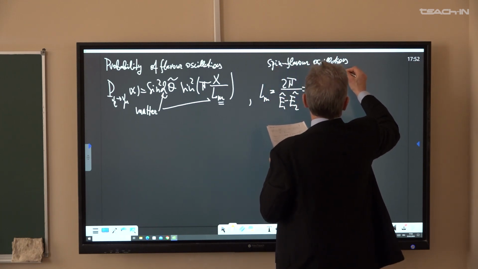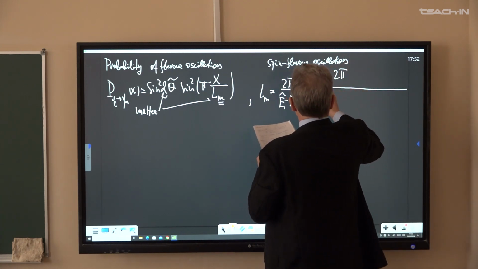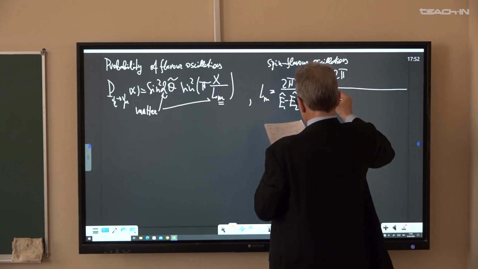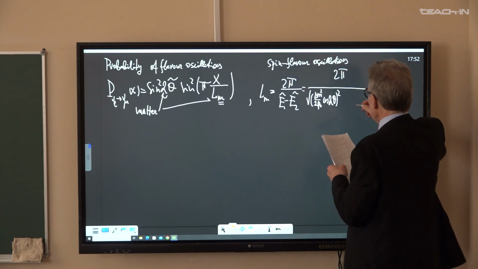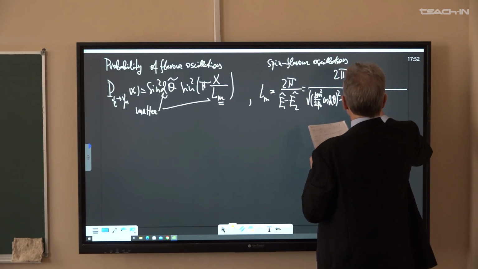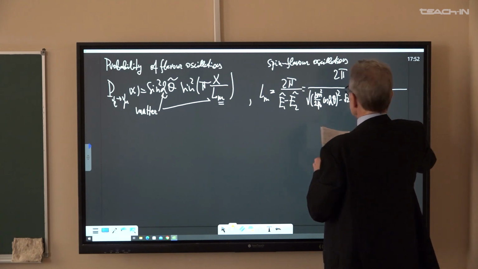And I will put here an expression that we derived about half a year ago, just to recall: the mass square difference divided by 2 neutrino energy, times cosine of the double mixing angle in vacuum, minus square root of 2 the Fermi coupling G_F multiplied by the number density of electrons.